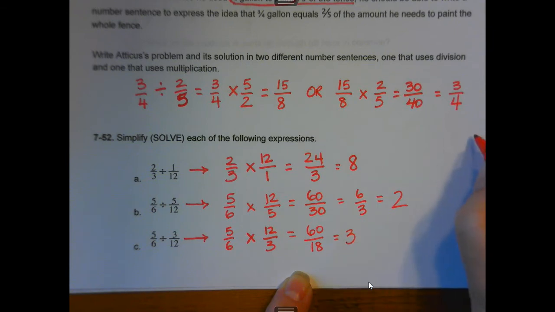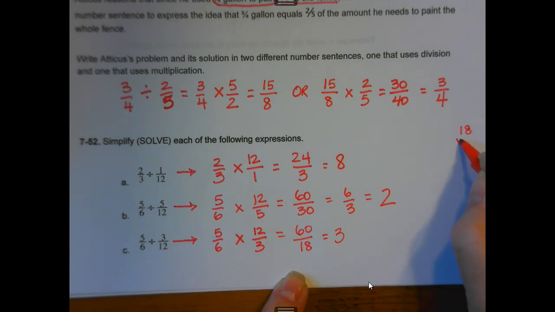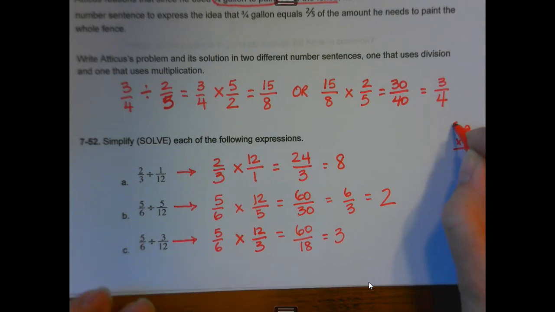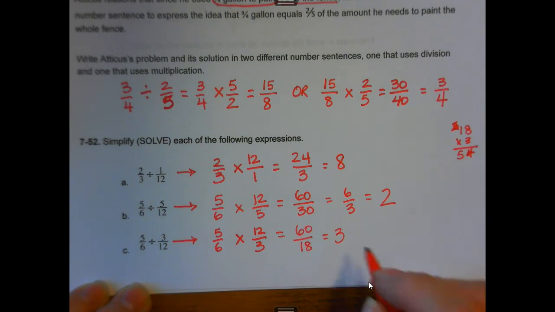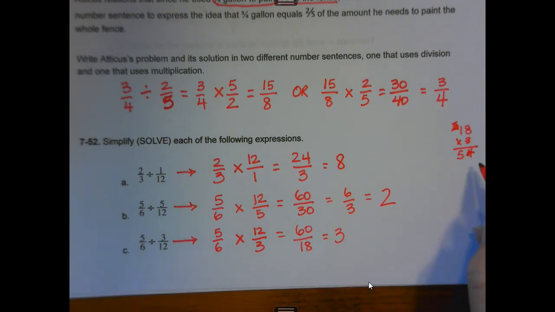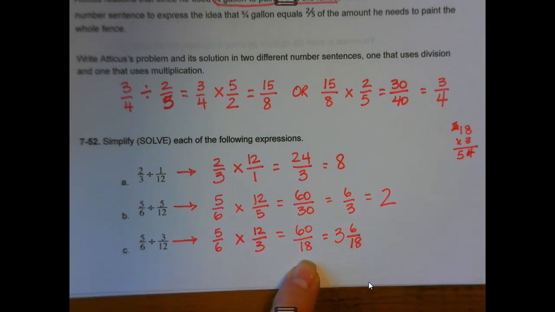And over here, I'm just going to do some quick math. 18 times 3 is 54. If I think about 54 and I compare it to 60, I know that I need to count up 6 more to get to number 60.